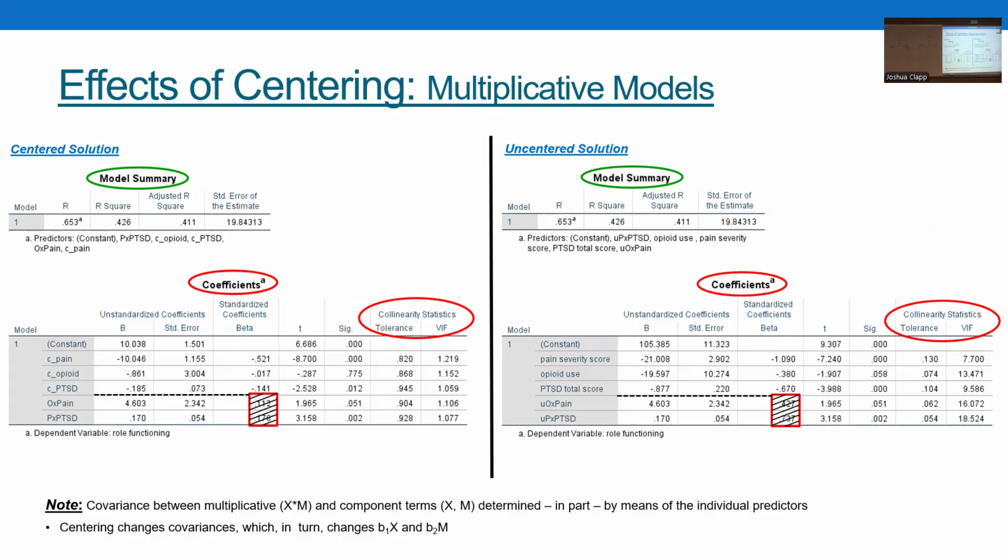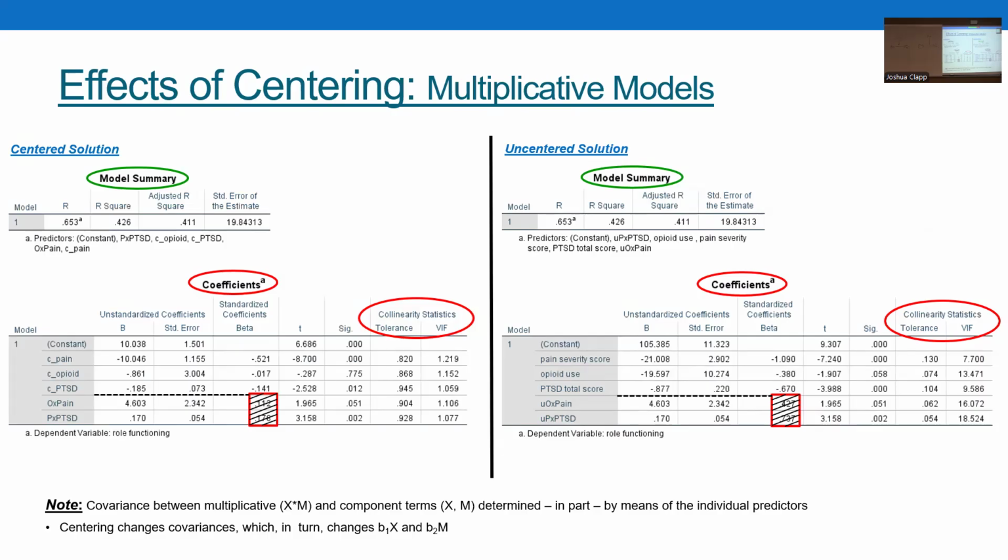Here in my uncentered solution, this is the expected or unique effect of pain on functioning for people who aren't using opiates, and when PTSD score is literally 0, as in there's no PTSD, right?